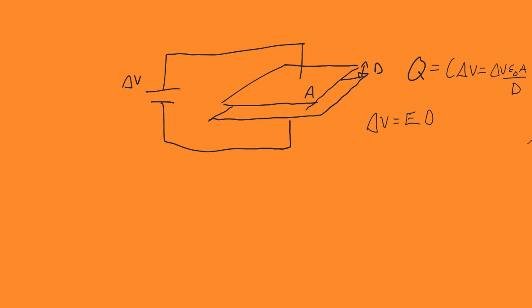Now for the electric field, we have the change in voltage is equal to the electric field times the distance. So we can rearrange that. So we get delta V over D. Sweet. So this is for part B, and that is for A. All right. Now, what is the magnitude of the charge density on each plate?